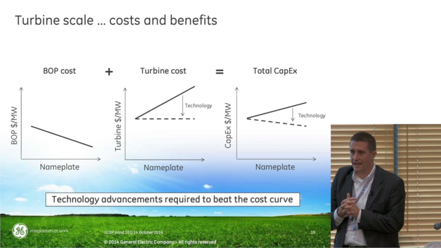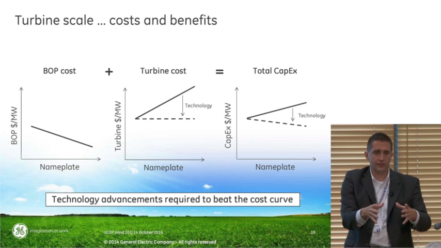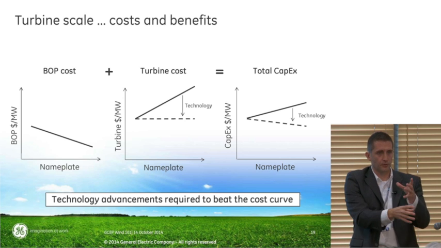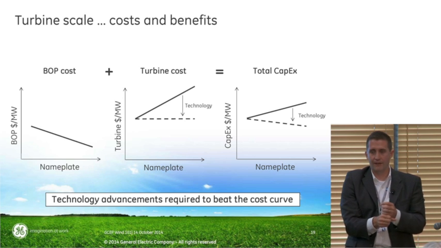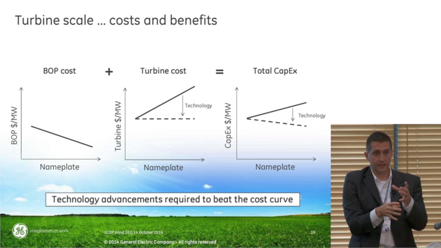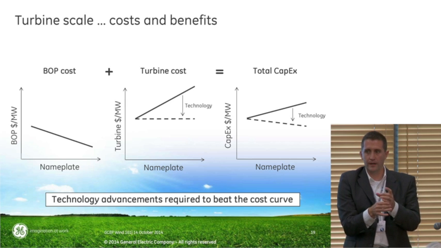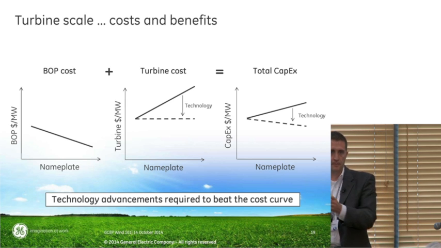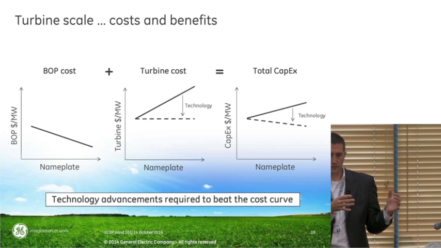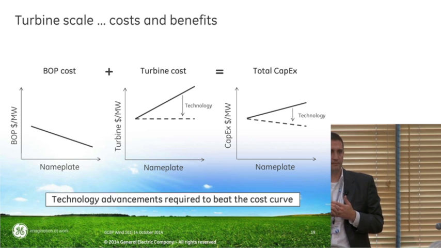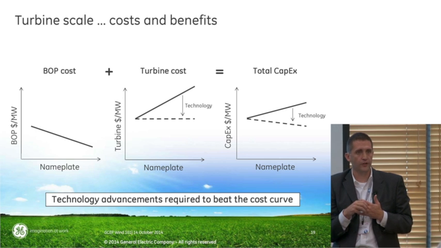So technology advancements don't just make their way onto a wind turbine and keep the wind turbine the way it is. Every time I add a big enough change in technology, I might want to optimize to a bigger product. So historically, 6 years ago, GE would sell in the US a 1.5 megawatt turbine with a 77 meter rotor diameter.